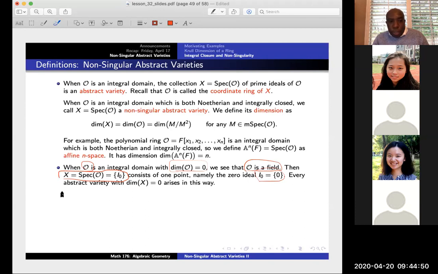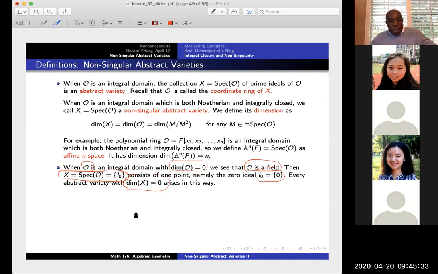Again, if O here is a field, spec of O consists of one point, namely the 0 ideal. Conversely, you can convince yourself that if you're given any abstract variety with dimension 0, then it has to come from a field. What some people actually say, and this is a really crazy idea, is that you can replace all the theorems about fields, all of Galois theory, by looking at abstract varieties of dimension 0. All of the theorems that you can think of for fields correspond to abstract varieties of dimension 0.